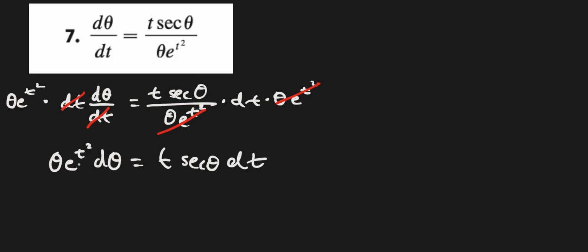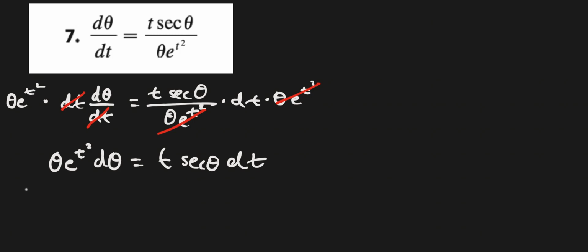So dt cancels, and this just becomes theta e to the t squared d theta is equal to t secant theta dt. So we need to get the thetas on one side and the t's on the other side.